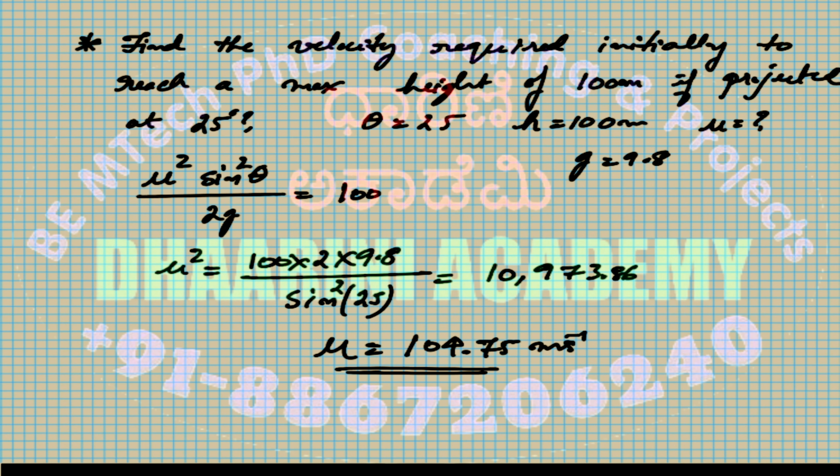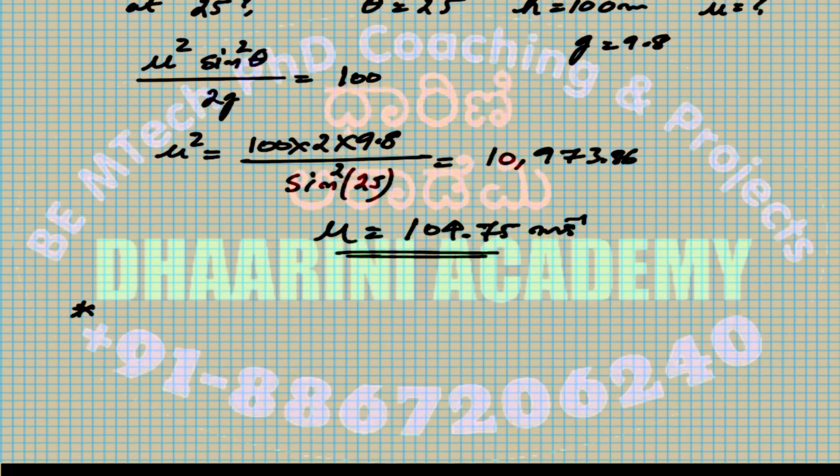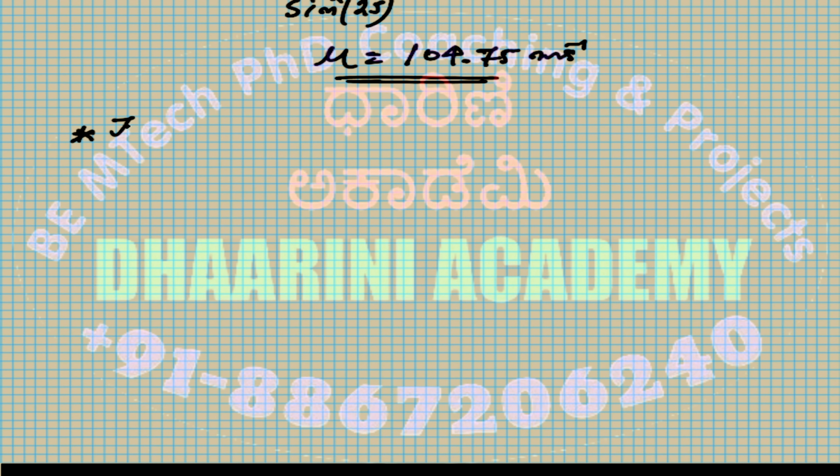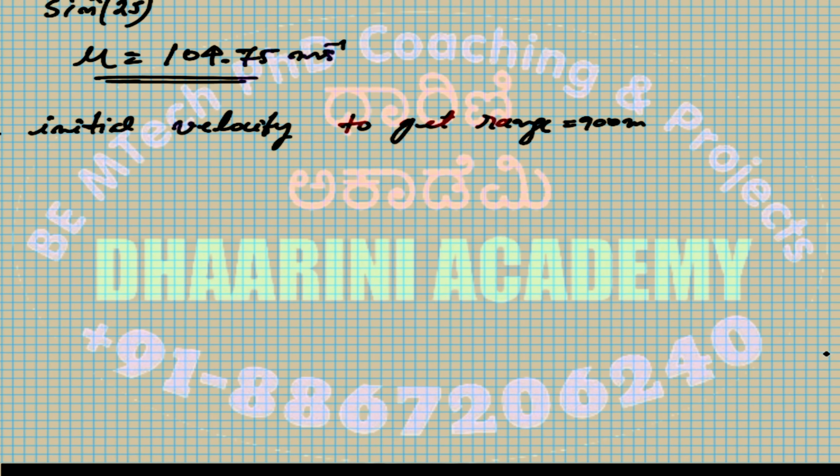All right, next question. Find the initial velocity to get a range equal to 900 meters. Okay, so the range required is 900 meters.